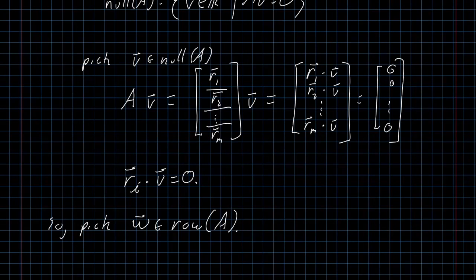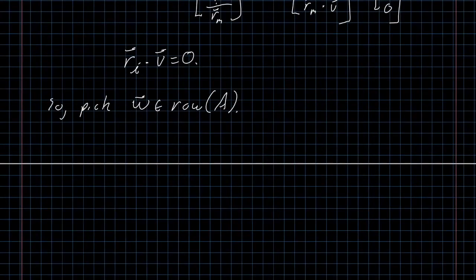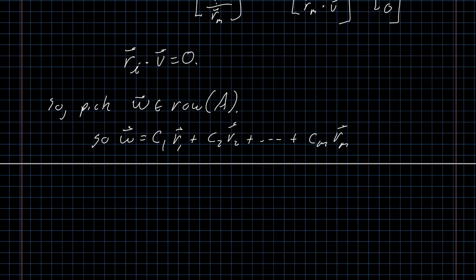With all of that as background, I can pick an arbitrary vector w in the row space of A. I know that the row space is the linear combinations of the row vectors, so c1 times R1 plus c2 times R2 all the way down to cm times Rm.